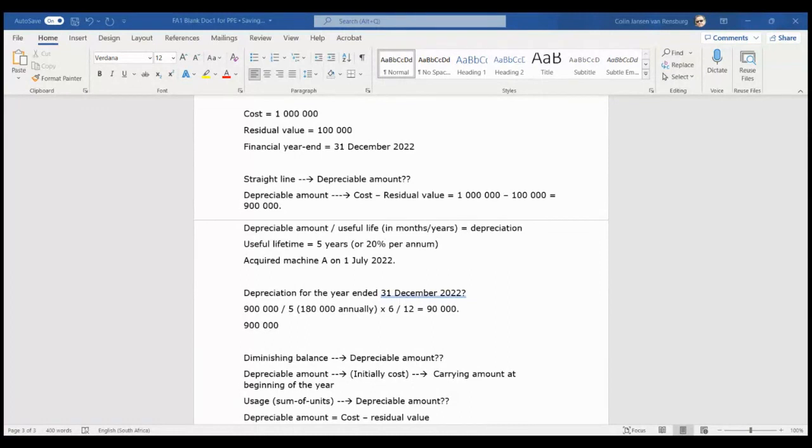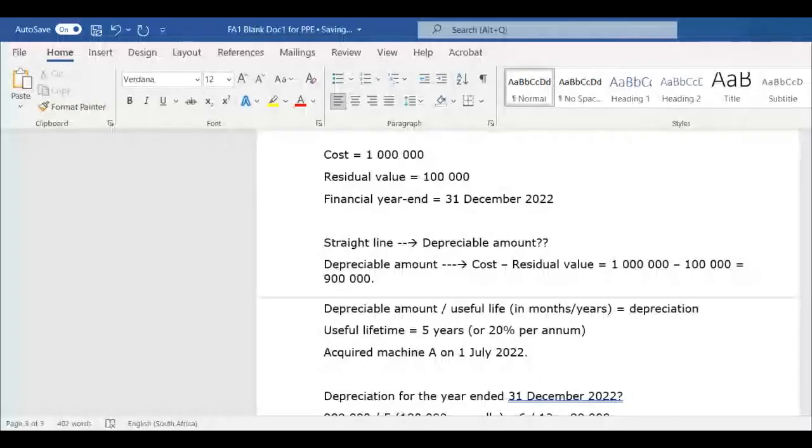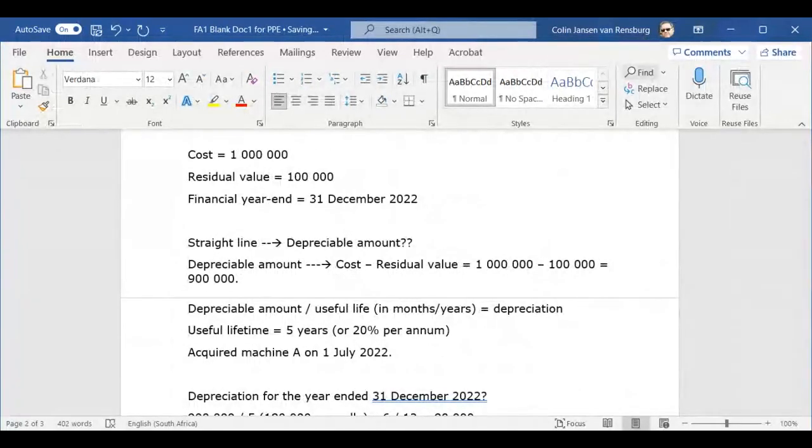So there are 60 months in that full 5-year period. So we could have said divide by 60. So now we've converted the 5 years into months first.